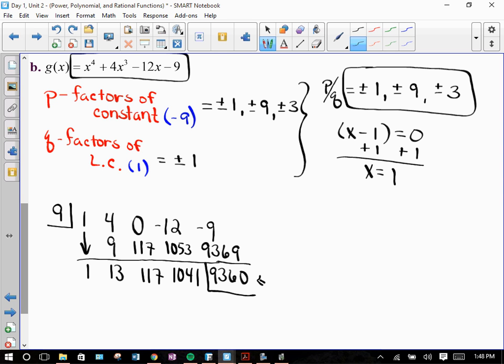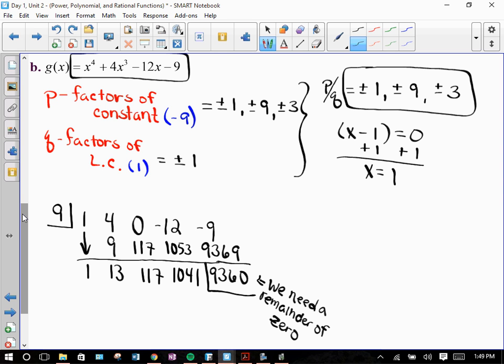This is our remainder. We need a remainder of 0. So in order for 9 to have been an actual rational 0, that should have given us 0.